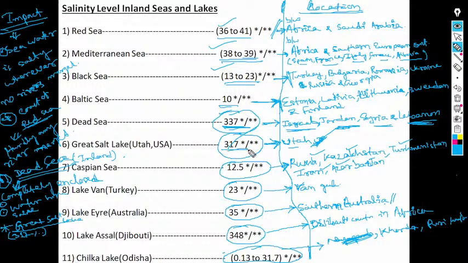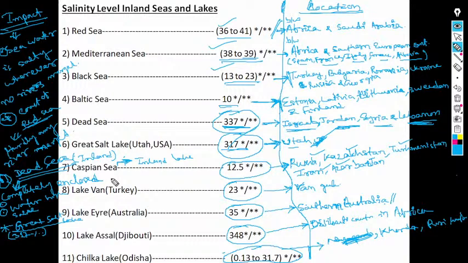This is also an enclosed lake. Then the Caspian Sea, which is also an inland lake. See, why is a lake called a sea? Because of its mammoth size. Because of its great size, it is also called a sea.